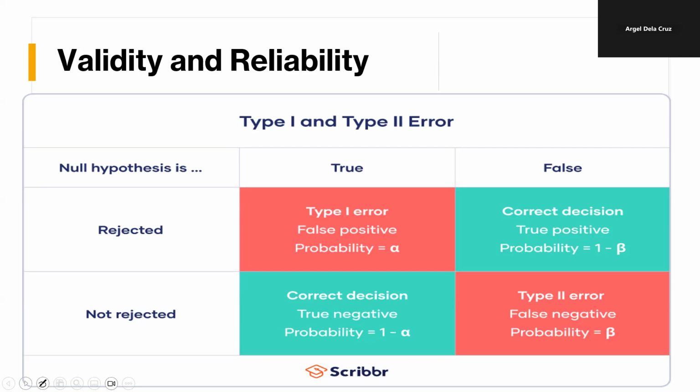I mean to say, your null hypothesis is accepted, but it should be rejected. You're stating a null, meaning there's no relationship, but it should be rejected because there is a relationship. So basically that is type 2 error, what they call a false negative.